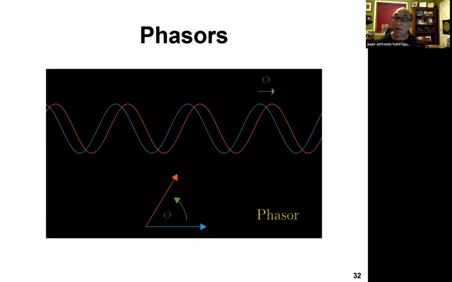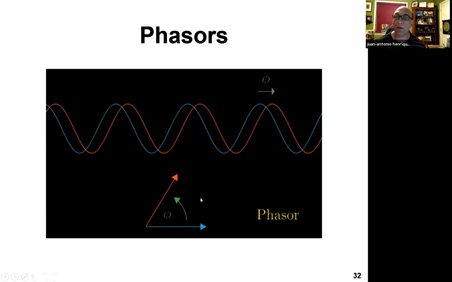All right, another representation of phasors in the time domain and, I'm sorry, in the phasor domain. You'll see later that we can also refer to the phasor representation as the frequency representation. It's another way of calling it.